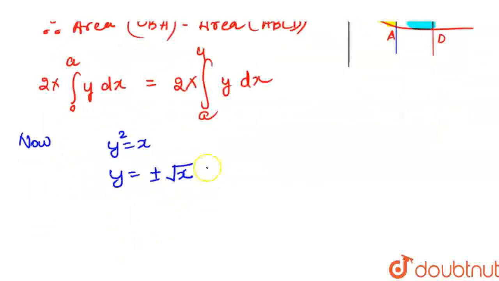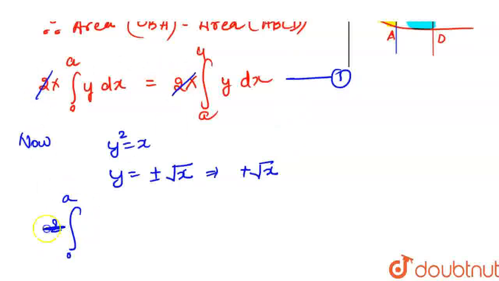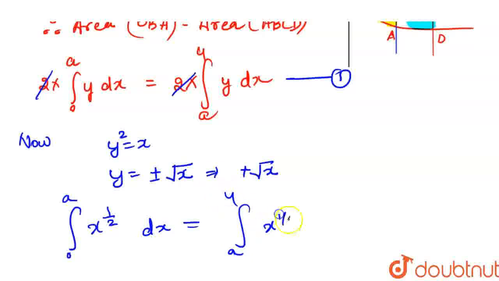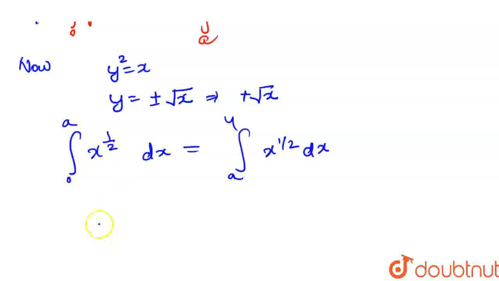So in the positive region we will have the positive value of root x, so we will substitute this value in the first equation, and we will have 0 to a, 2 into 2, and the 2s will be cancelled out, so we don't need to write it again and again. 0 to a x to the power 1 by 2 dx, then a to 4 x to the power 1 by 2 dx, right? Now we will integrate it.